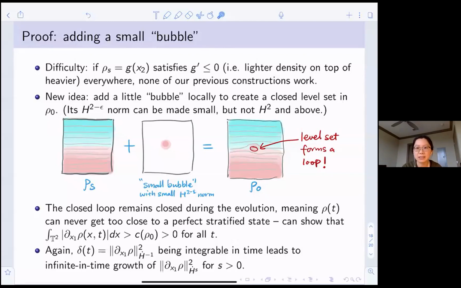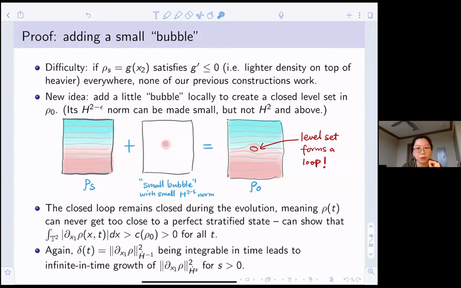That being said, now we use a new and actually quite naive idea. So let's just add a small bubble here, which is only supported near a tiny neighborhood of a point. And such that the support is small, and we want this bubble to be something like this, which has its C1 norm of order 1.